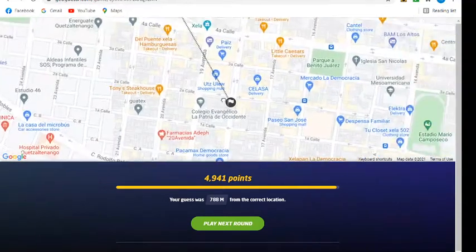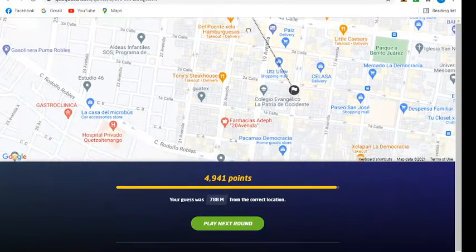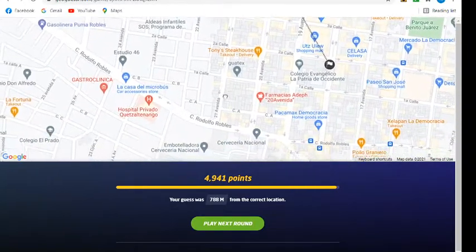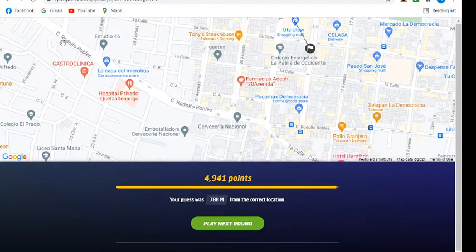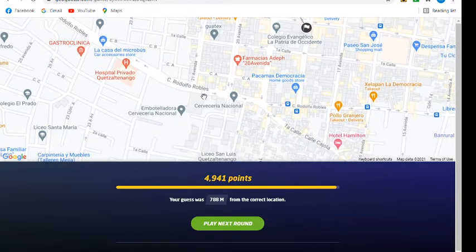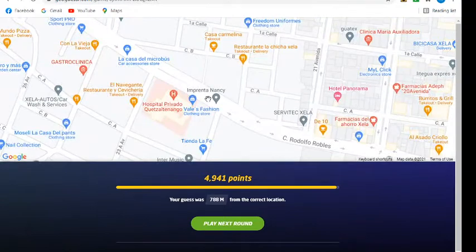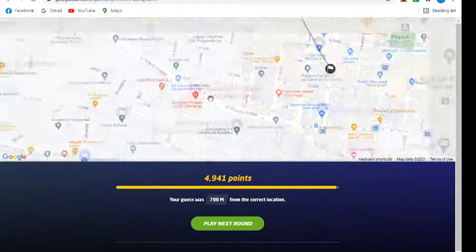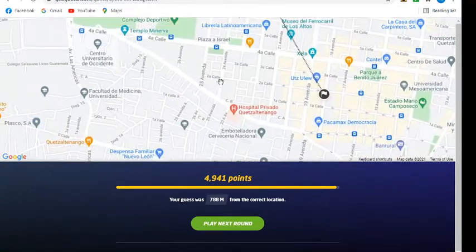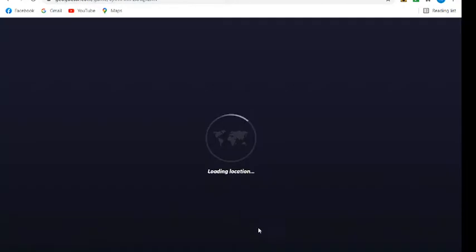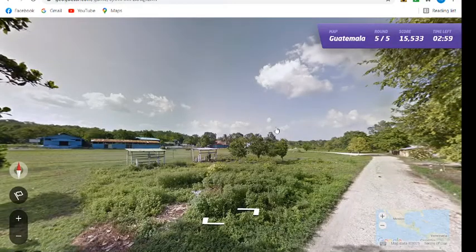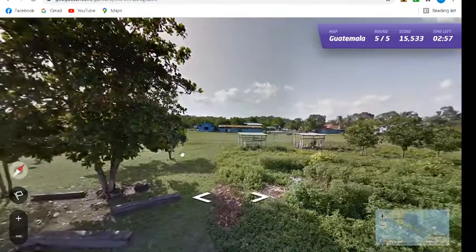And then, where was Rodolfo Robles? Oh, there it is. So when you have mostly numbered streets, if you see something that isn't, it's usually something larger, which here it was, but we just didn't find it. Okay, so I think this is the last round then. Yep, 5 out of 5.